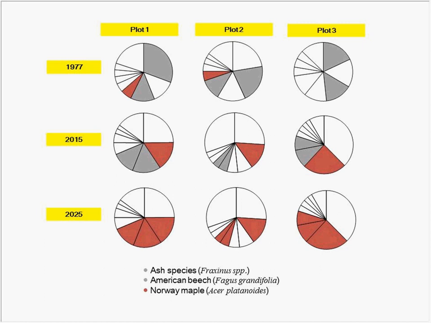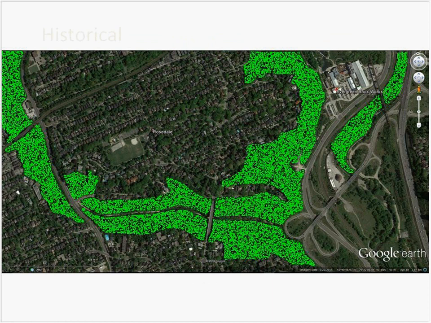So I've here a series of graphics that you can see. We got the data we had in those plots. We extrapolated it over the area. So originally, historically, the ravines would have been a wonderful native forest, old growth forest, just beautiful. It would have gone through phases of widespread cutting in a lot of areas, but a lot of areas remained.